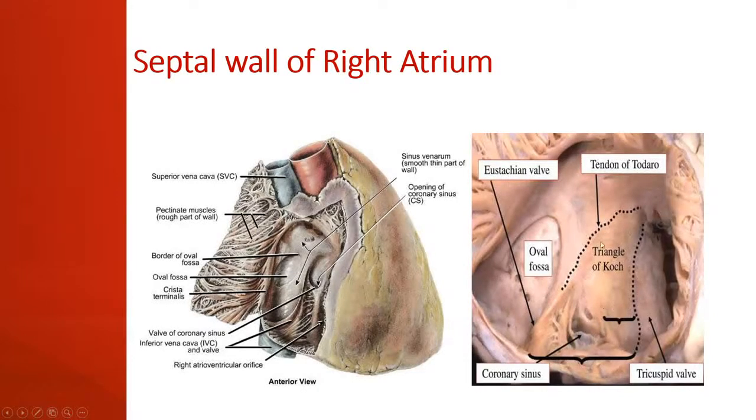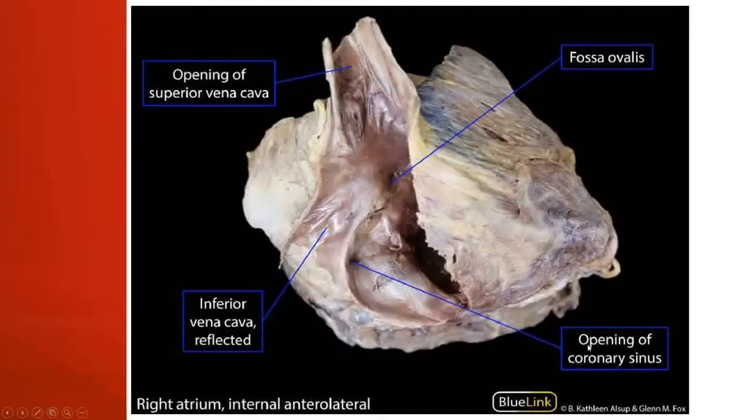This triangular area is called the triangle of Koch, and over here actually the AV node is located. We can also see the opening of the coronary sinus over here. So this is a picture of the interior of the right atrium: the opening of the superior vena cava, the opening of the inferior vena cava, the opening of the coronary sinus, and over here this is the actual picture of the fossa ovalis.